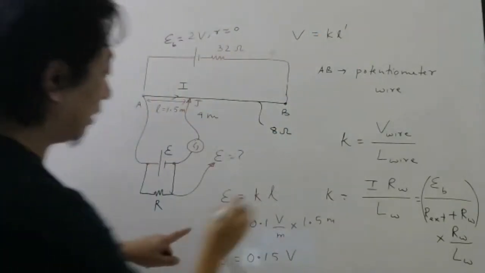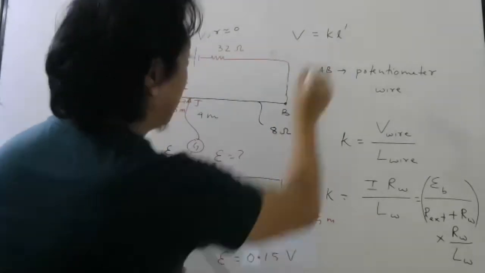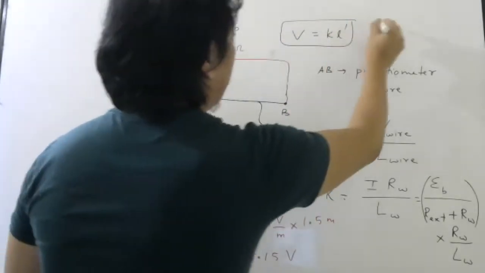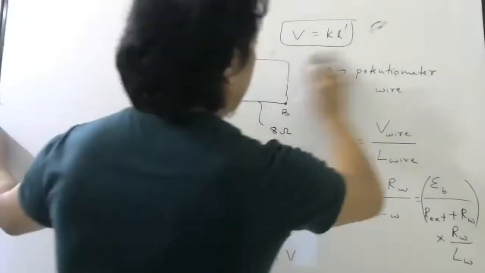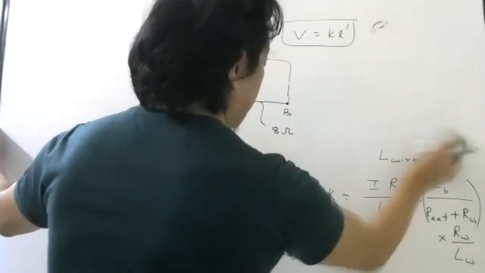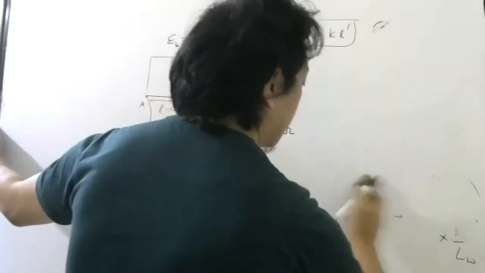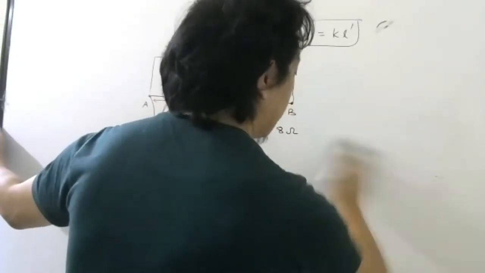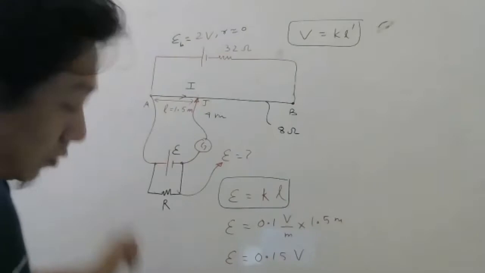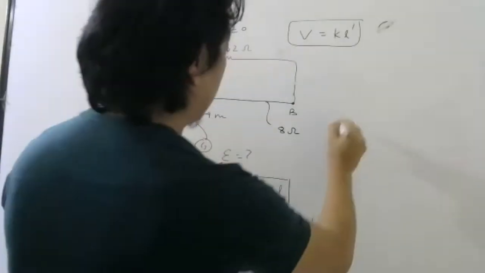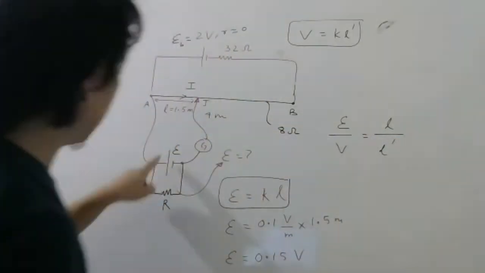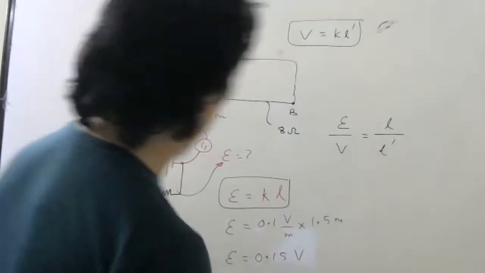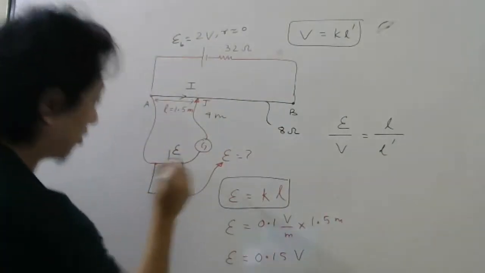Then what I did, if you remember, this and this I divided. If you divide this E by this V, you will get E by V equal to L by L dash. So L is with only the cell, L dash is with this external resistance also.